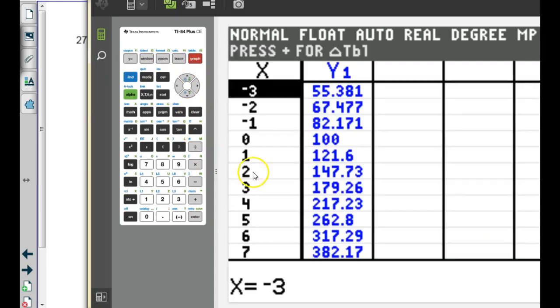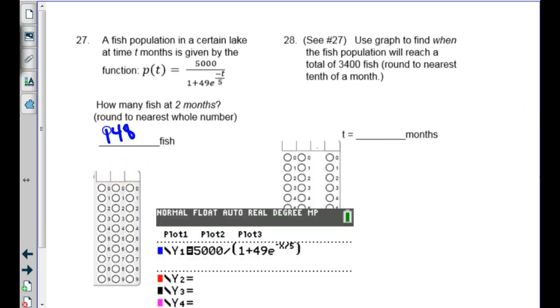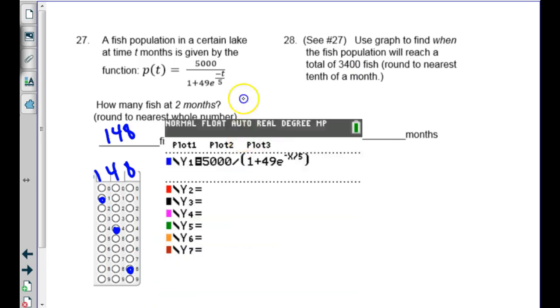If I go to the table, I'm sorry, it would round to 148. So 148 whole fish. 148, bubble 148.